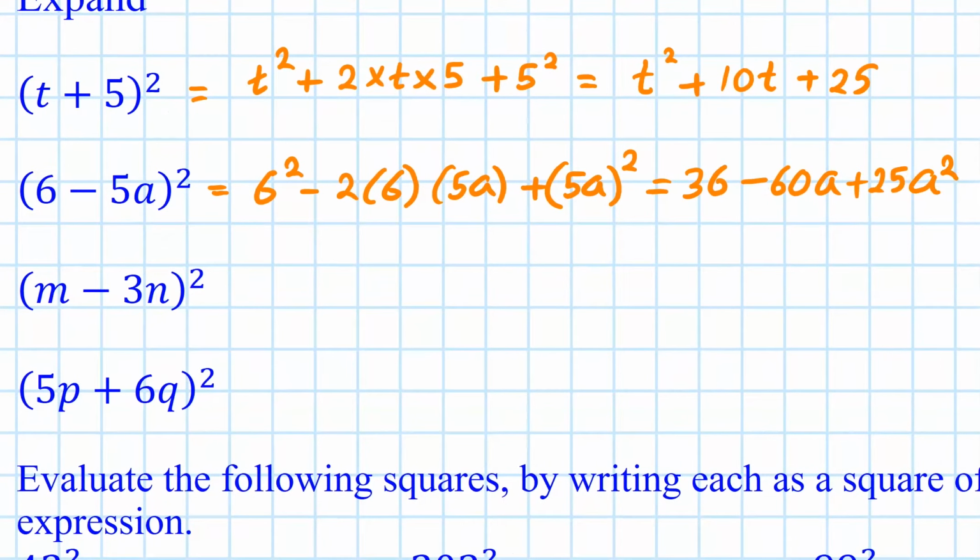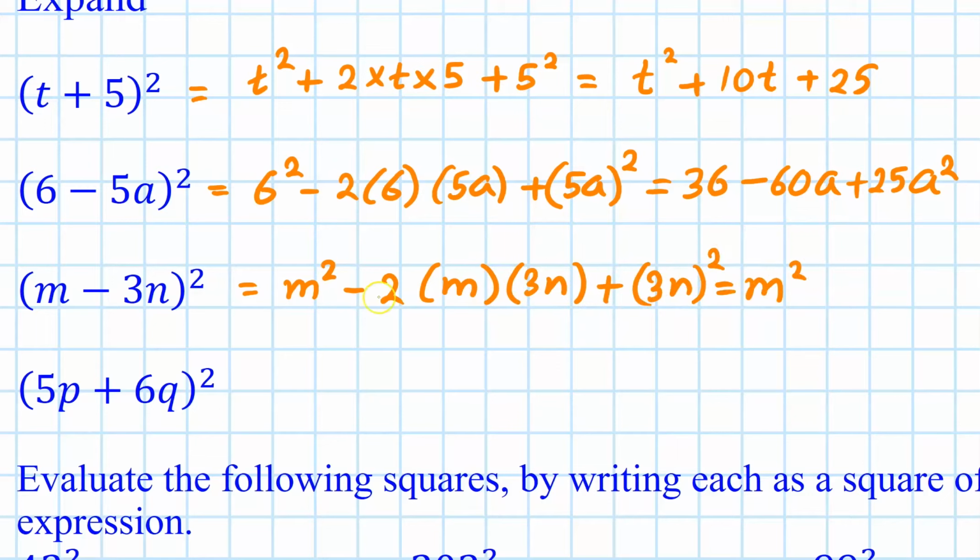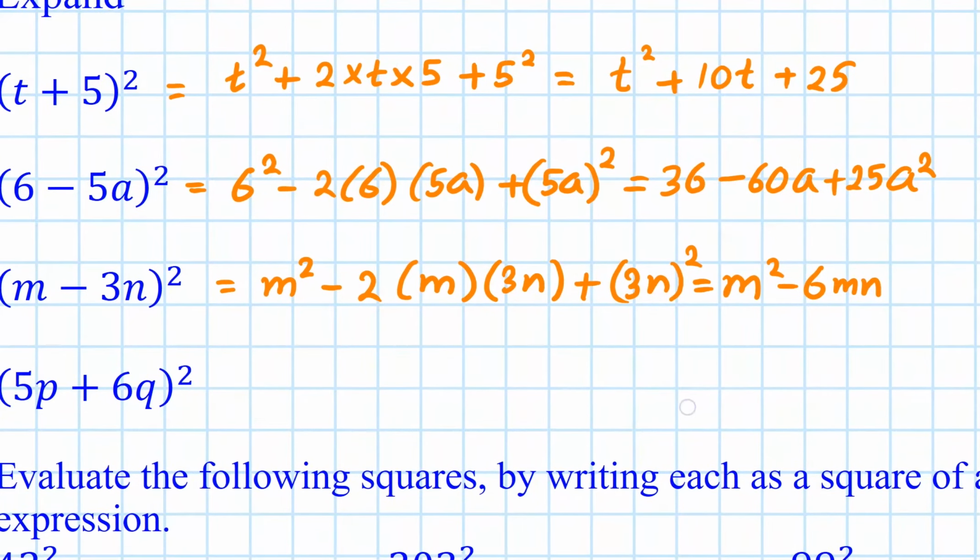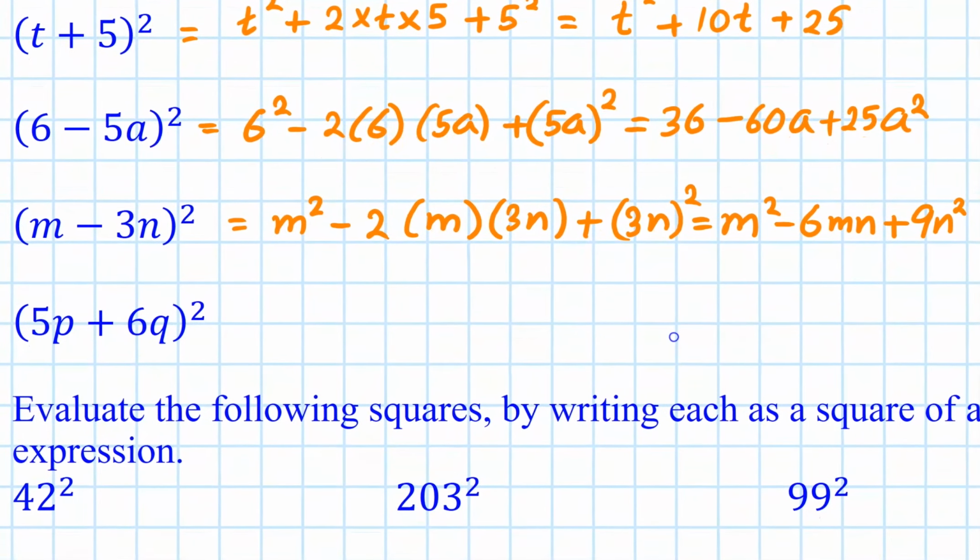Okay, second last one in this expansion. m squared minus twice the product, and then 3n squared. m squared, when you simplify, 3 times 2, 6mn. Then we have 3n squared. 3 squared is 9, n squared. We go through that.